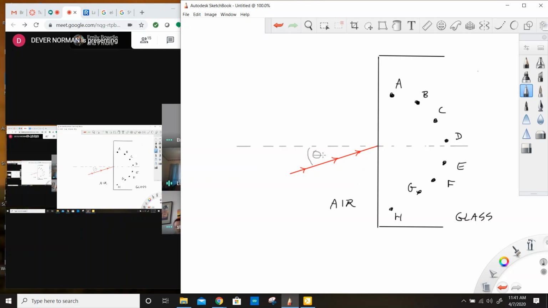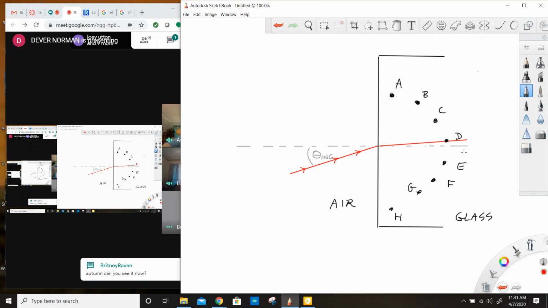The incident angle is in air, so it's got a wide angle, and since the ray inside the material is in a dense material, what you would do is take that line and you squish it. Exactly. Good job.